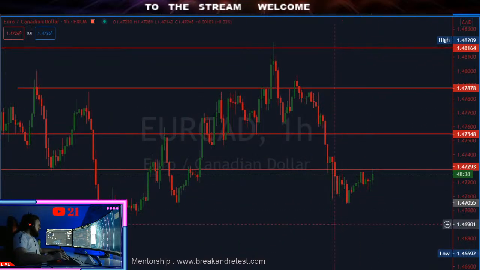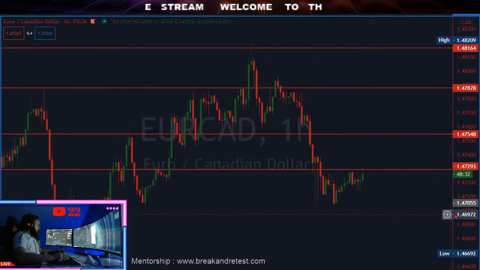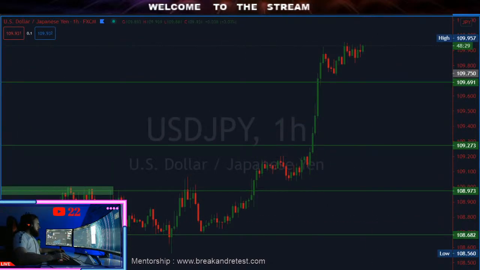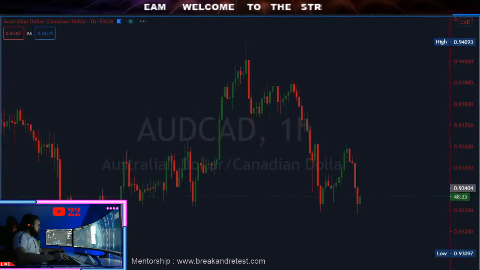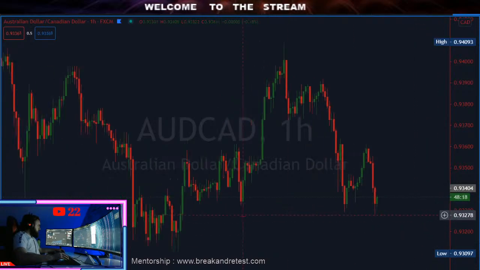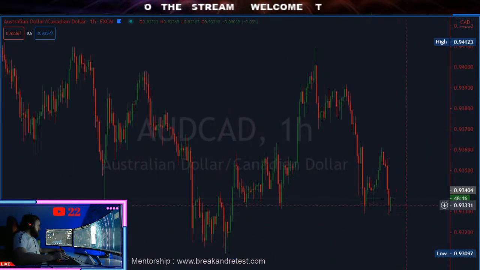GJ looks good. Yeah, GJ's created a nice resistance there. We're gonna see what happens, if it breaks or not. AUDUSD, I don't really see a good setup on AUDUSD.